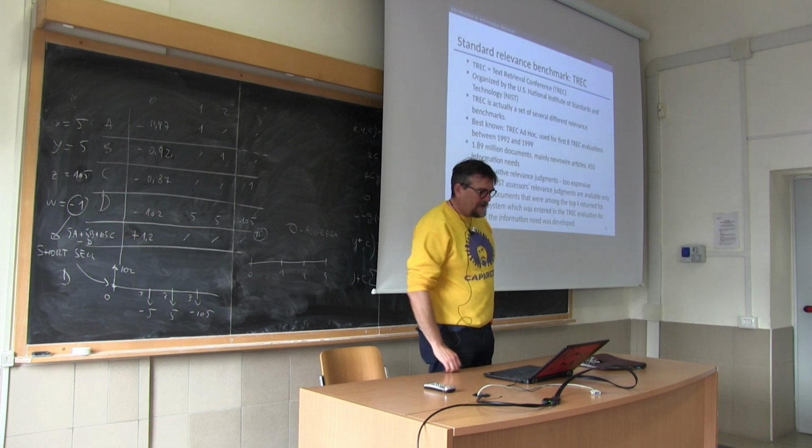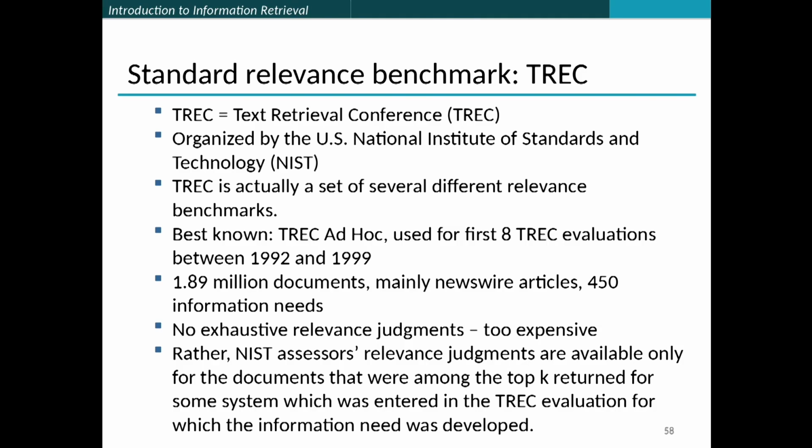More recently, another set of several different benchmarks has been provided by the Text Retrieval Conference. The best known, most likely, is the TREC ad hoc, which has been used to evaluate systems for 8 tracks.